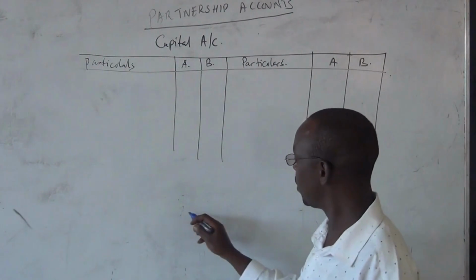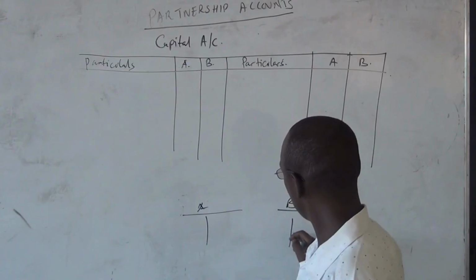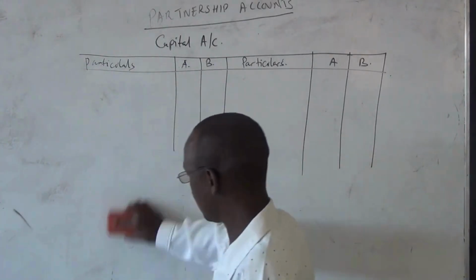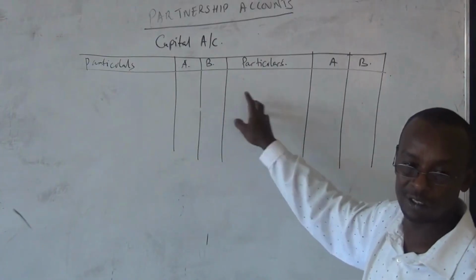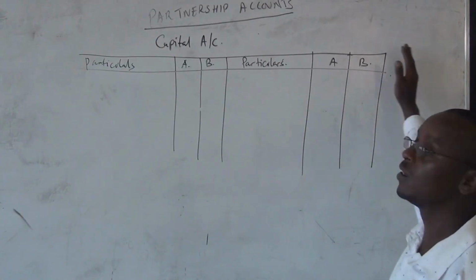Just like the way you would have A and B. If there are three partners, because we are going to see questions where you have three or even four partners, it's just these columns that we add. A, B, C, and D.